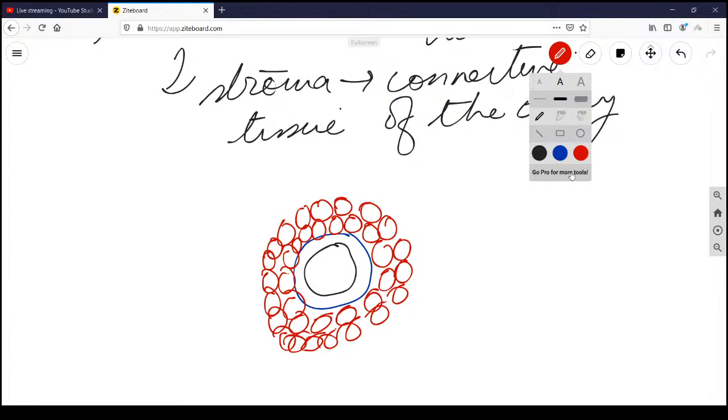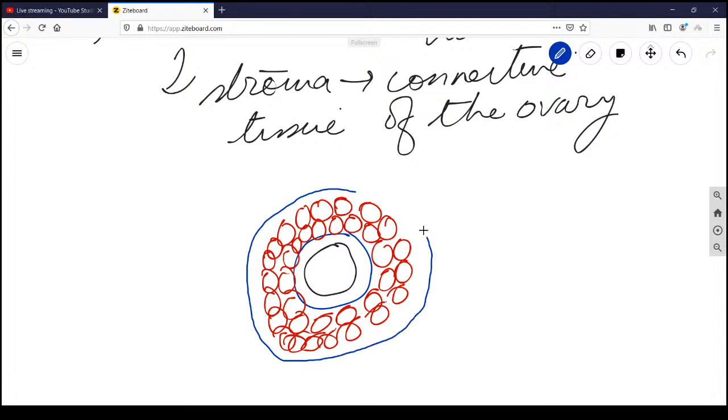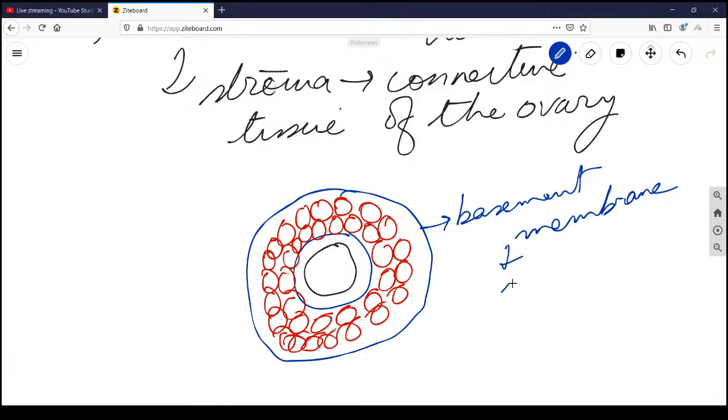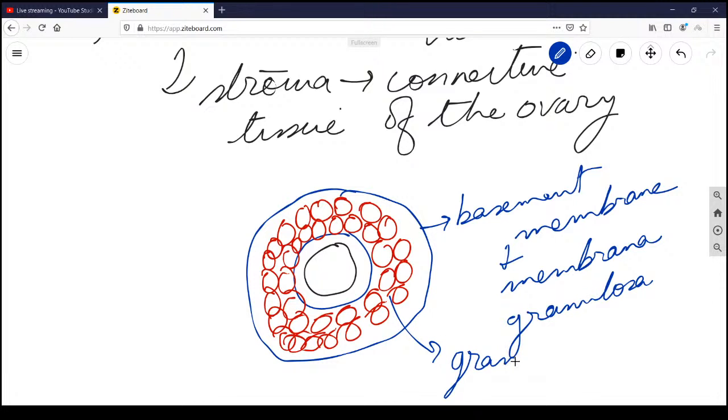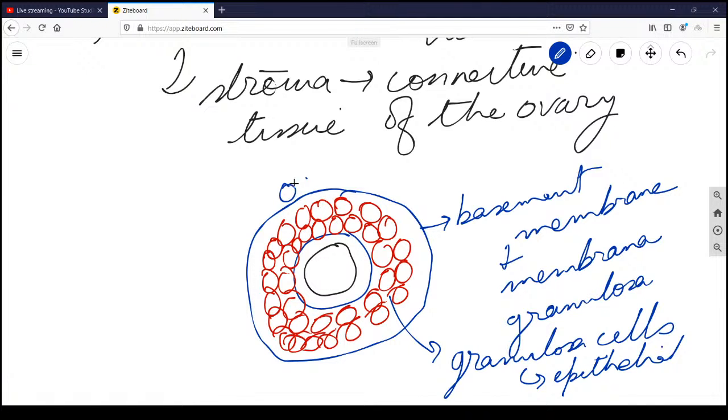Now this is known as the membrana granulosa, the basement membrane. Since these are the granulosa cells or follicular cells, they are epithelial in nature. Now they will be connected to the thecal cells. These are the theca interna.